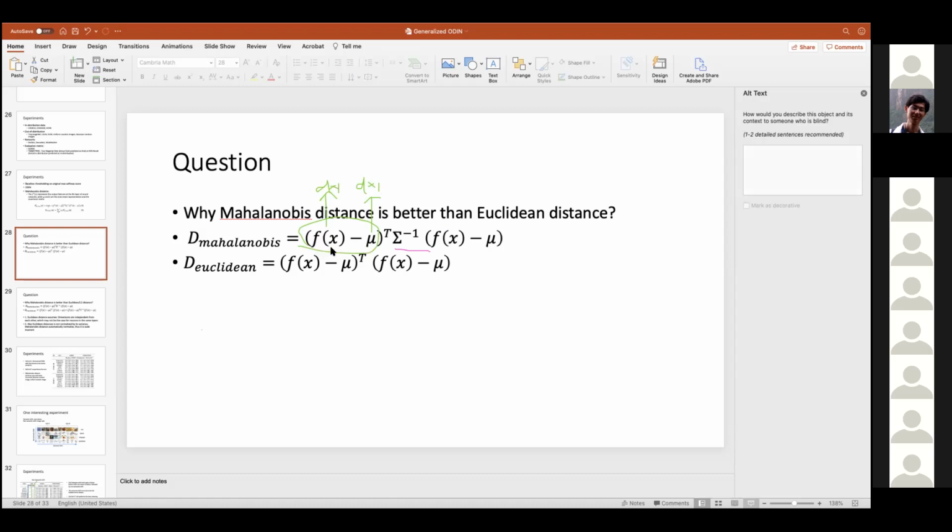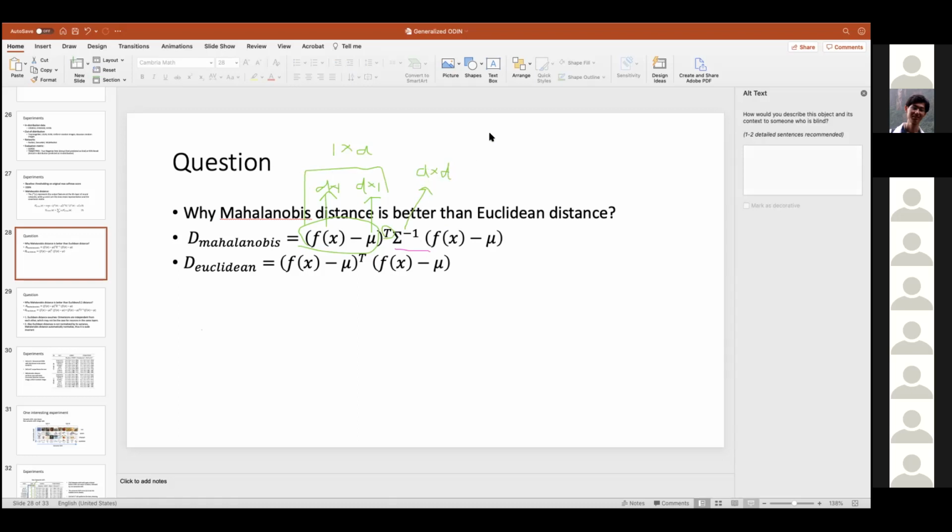So here I'm talking about a general fx and mu, not restricted to the context when we're talking about neural networks. But here you take the transpose. So the whole thing becomes 1 times d. So it becomes a row vector. And this is the covariance matrix, which is of shape d times d.